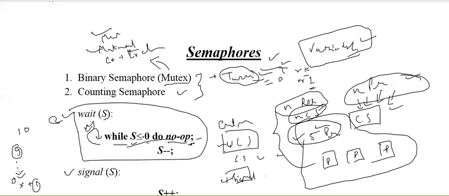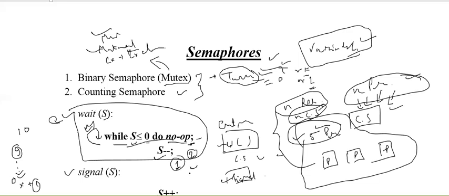Otherwise, if this condition is not true, then S minus minus. So earlier, if I had, suppose, two resources, then S minus minus says to pick one resource, give it to some person, and make the value of the semaphore 1.